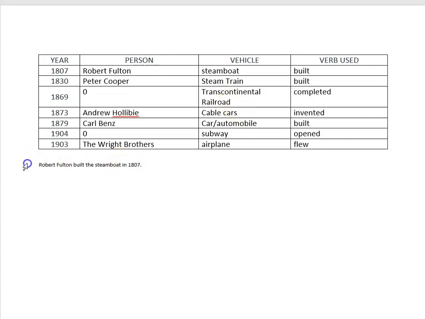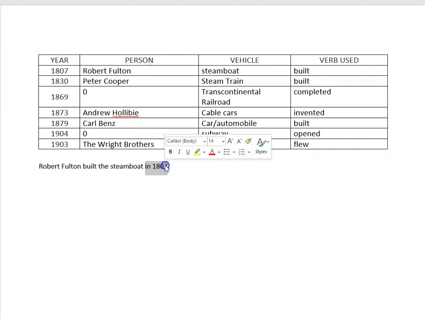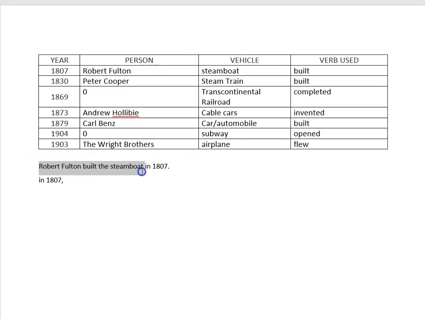Or I can say, let me make this bigger, okay? Or I can say, in 1807, Robert Fulton built the steamboat. All right? So let's identify our subject here. Subject, right? Verb.